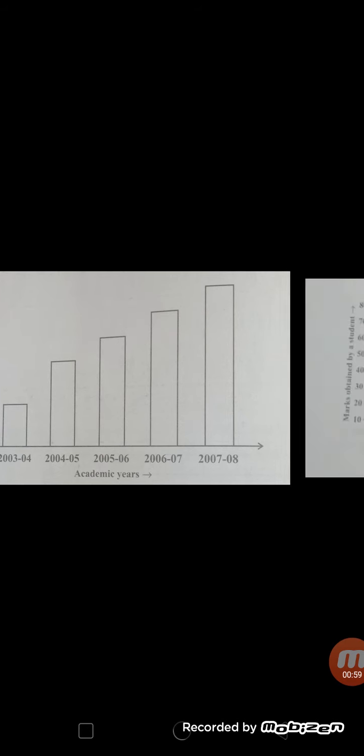This is bar graph, in which data is represented using bars. Then this is double bar graph, a bar graph showing two sets of data simultaneously. It is useful for comparison of data, like here you can see marks scored by student in math, social science, English in 2 different years.